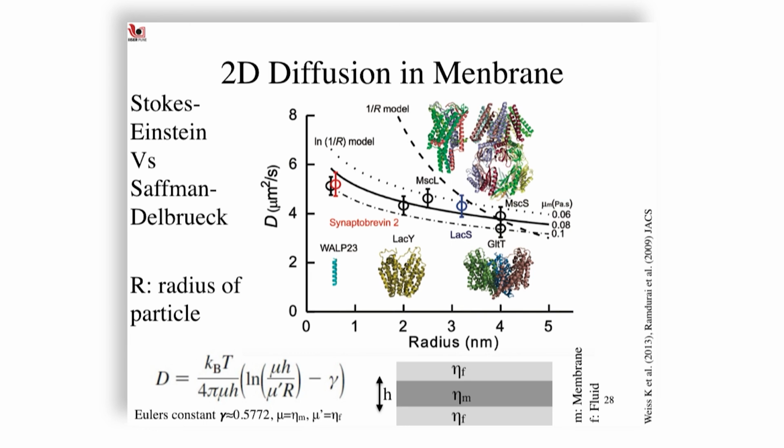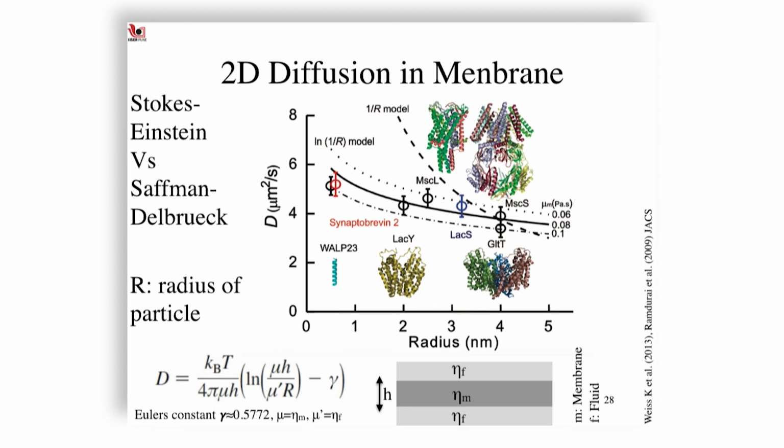You see this in the schematic on the lower right, where the membrane viscosity is eta m and the fluid viscosity is that of the fluid above and below it, in other words, the cytoplasm and the outside. We are assuming those two are the same, sort of water-like. In such a case, the 1 by R model overestimates the diffusion coefficient for small molecules, which are seen to follow a slower dependence.